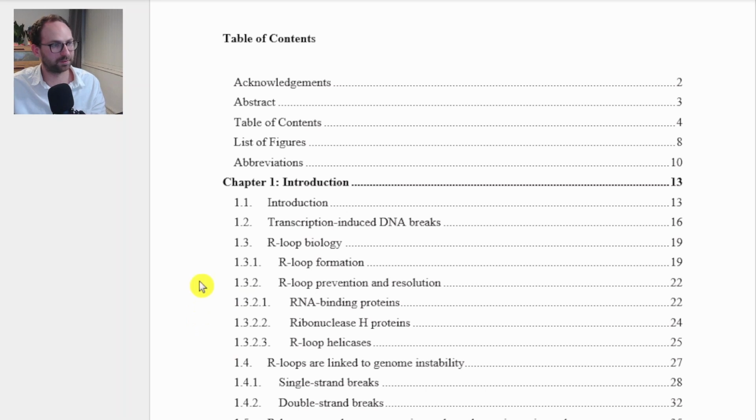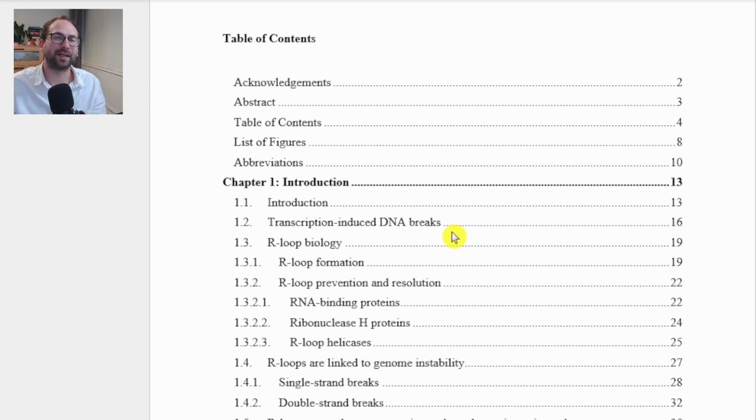So let's look at it a bit more closely. So I have like a little introduction here. I'll talk about it more in a second. But this is the hook essentially. And then I start quite broadly. I talk about transcription-induced DNA breaks. So this was the broad topic for me.